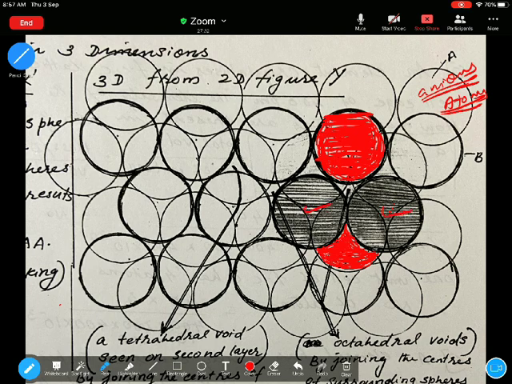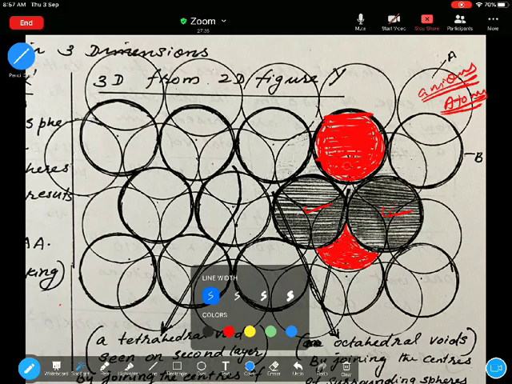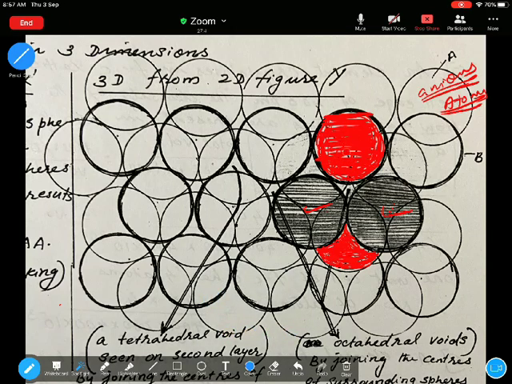This is the top ball. This one is the bottom ball, and these 4 are in one line.